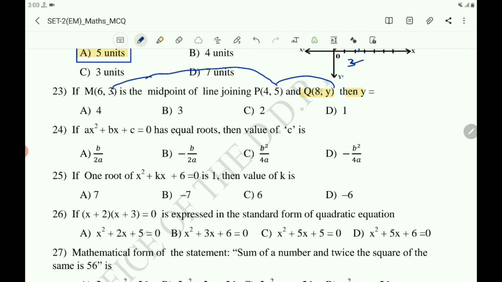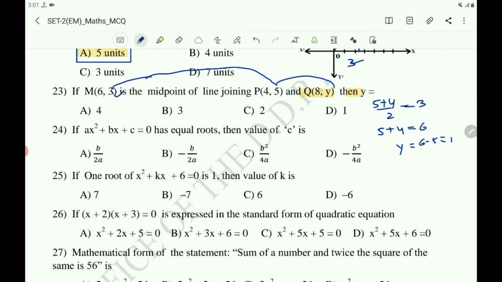So 5 plus Y equals 3 into 2, which is 6. Y equals 6 minus 5, which is equal to 1.